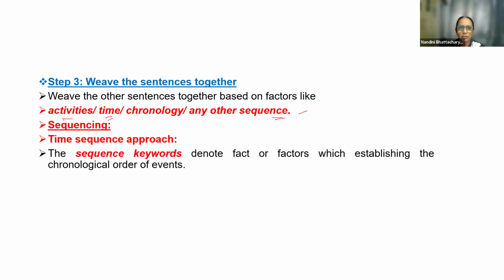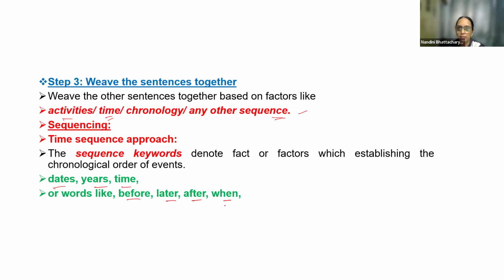Sequencing, you could get the key from the words that you come across, maybe dates, years, time, or before, later, after, when. So these would be before something happened. Now what happened before that or after that? Later, the committee decided. So something must have happened before that. So that's how you get to the order of sentences.